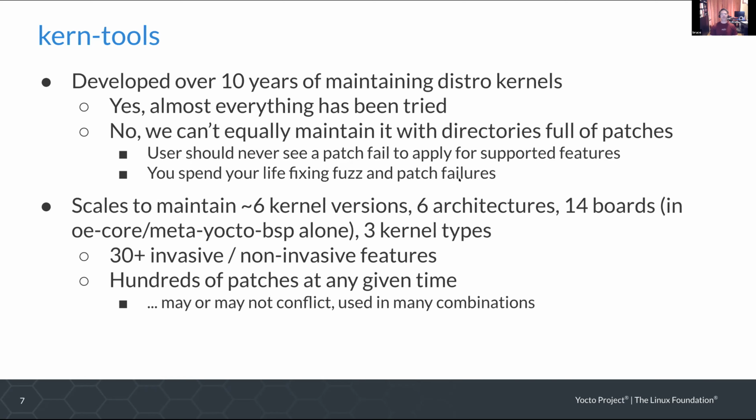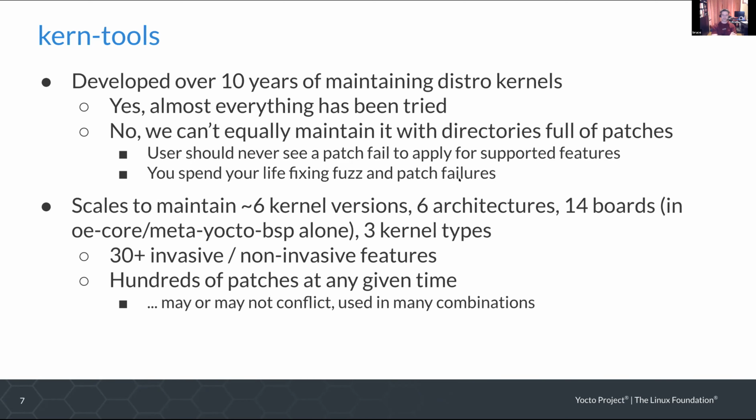And no, we can't equally maintain it with a directory full of patches, because I've been there, done that at 2 a.m. after a feature freeze, trying to make sure that when somebody did preempt RT and this board and that YAFFS2 feature, all of a sudden the patches don't apply because they can't possibly stack in that order. And that's the kind of thing that we support.